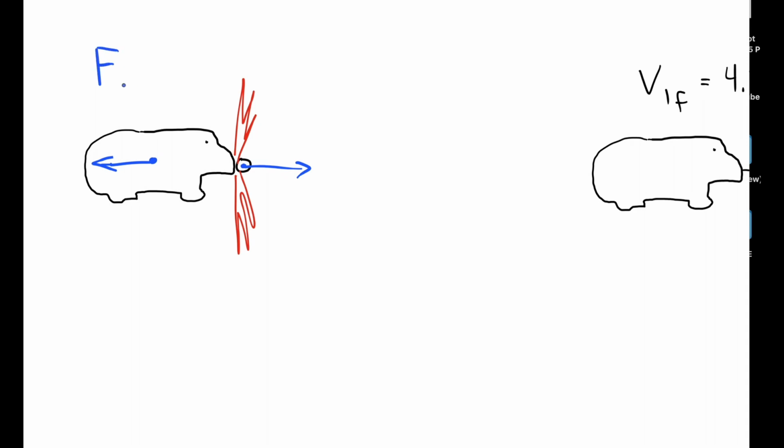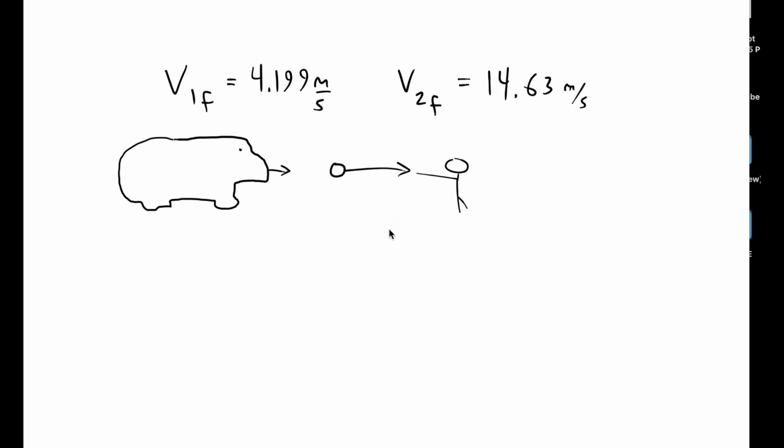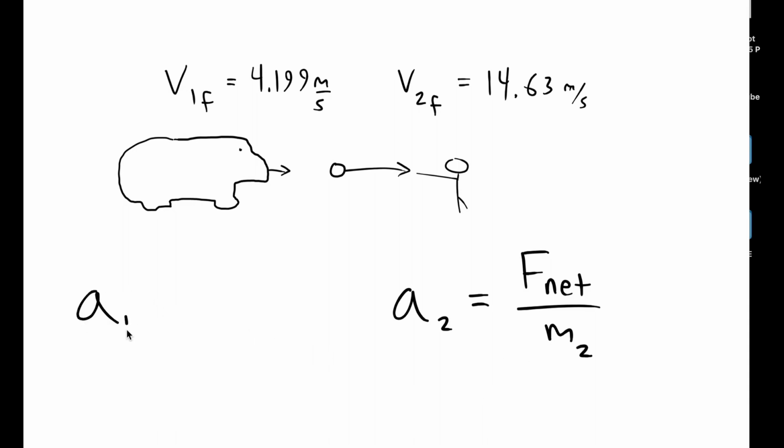The force of 2 on 1 has to equal the force of 1 on 2, but they are opposite in direction, equal in magnitude. But the reason why the ball experiences such a change in its velocity is because of Newton's second law. Okay, he will experience an acceleration that is equal to the net force that he feels divided by his mass, whereas the Rhino feels an acceleration equal to F net over his mass.